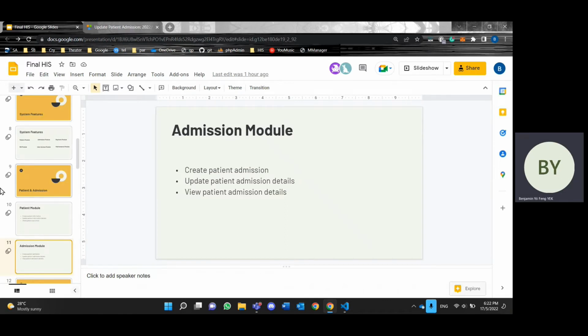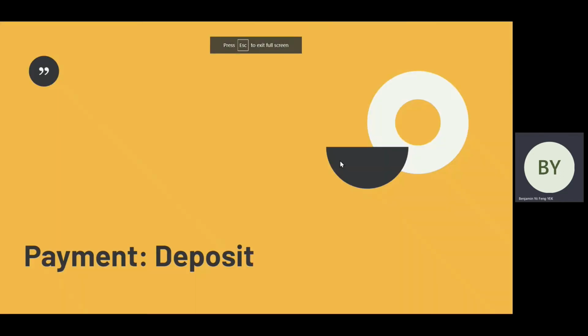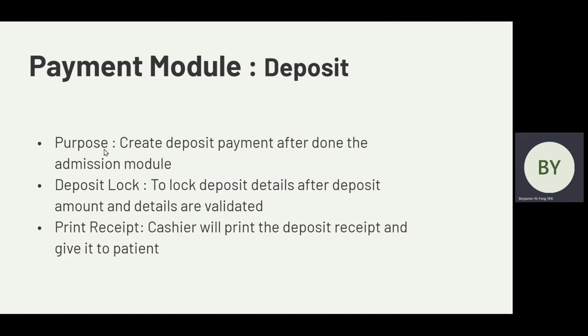All right, so now I would like to continue the presentation. First I will describe how the payment and deposit module works. The purpose is to create the deposit payment after the patient has already completed admission in the admission module, which Xiqian presented just now.